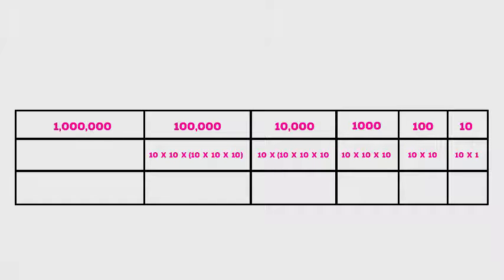And if we add the next one, which is 10,000, that would be 4 factors of 10. 100,000 would be 5 factors of 10, or 3 factors of 10 and one more set. And then we have the last one, millions, right?